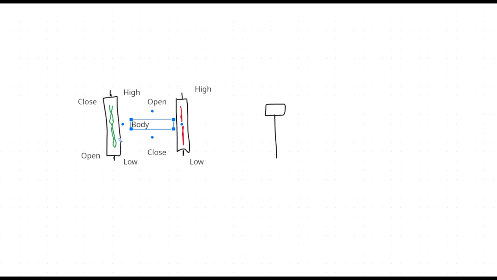This can be red or green. Remember, it follows the same rule. If it's green, then that just means that it closed with a higher closing than what the open was. If it's red, it closed with a lower closing than what the open was. Really simple.